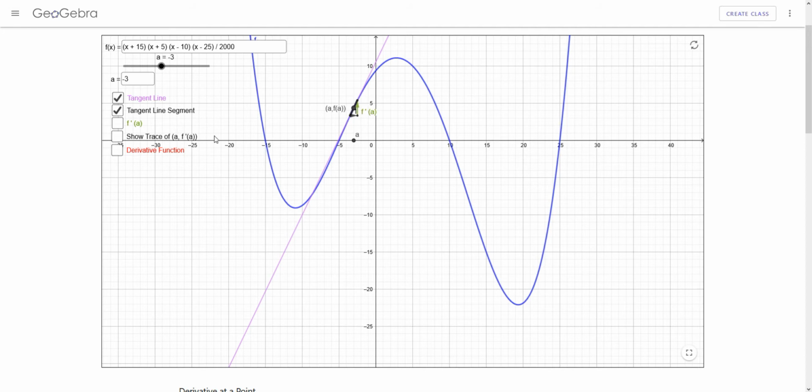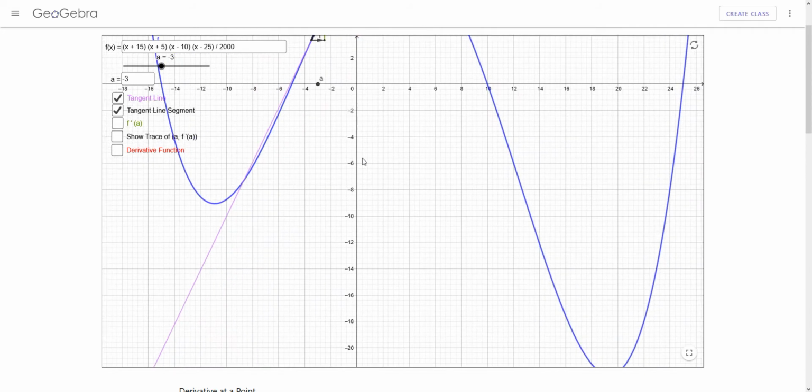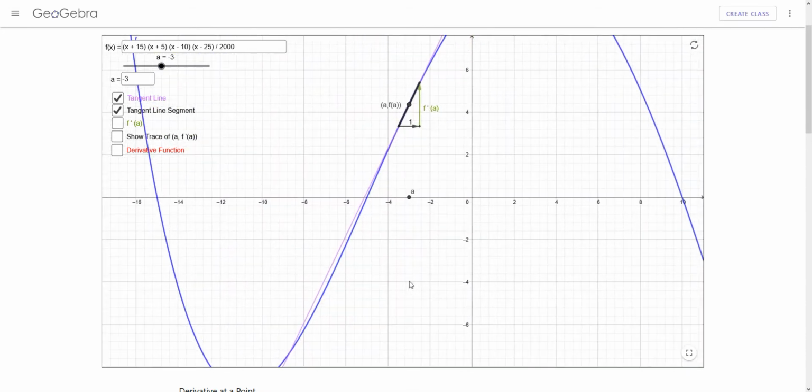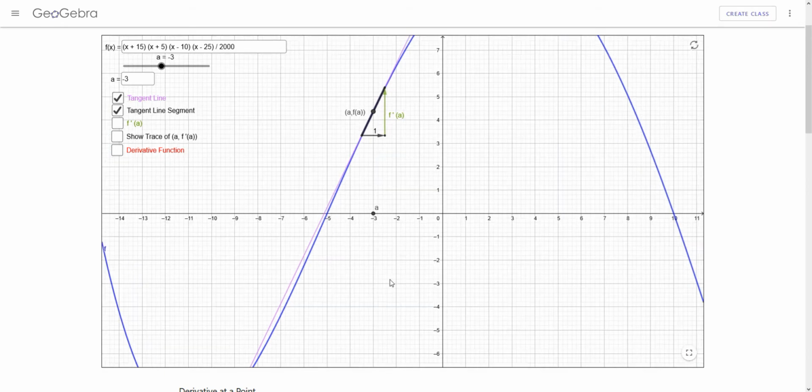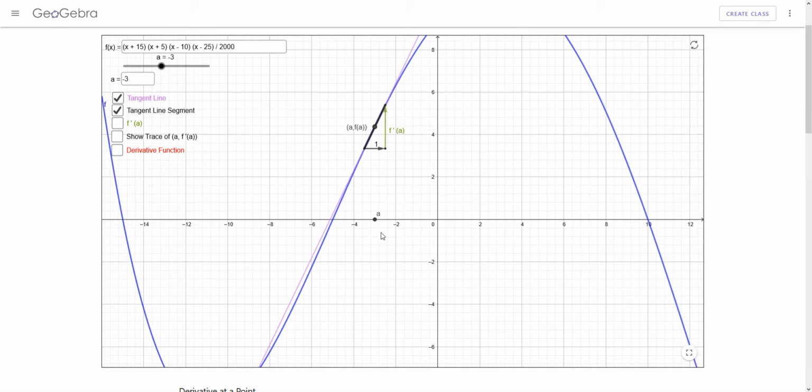Let me zoom in a bit. As we zoom in here, we can see a horizontal distance of 1, and then this vertical distance along the tangent line is the amount of the derivative. Here the derivative is positive because as we go to the right, we're going up.